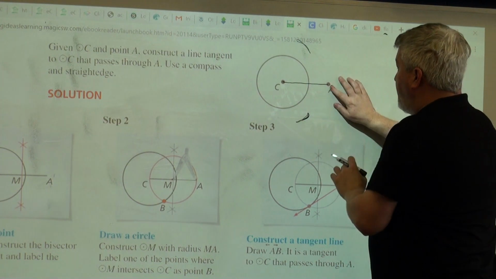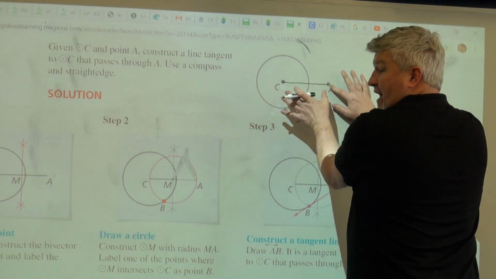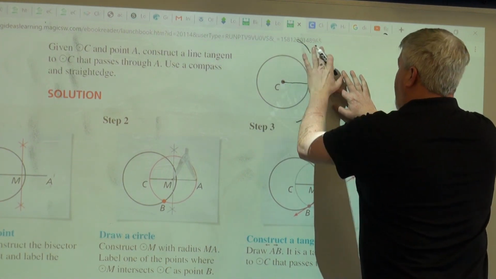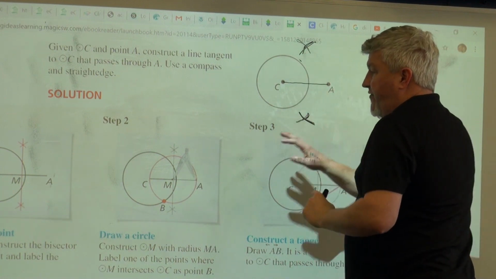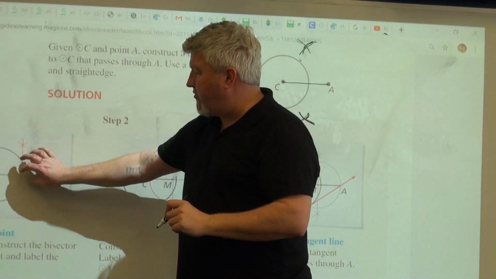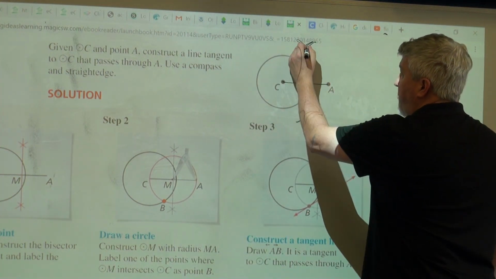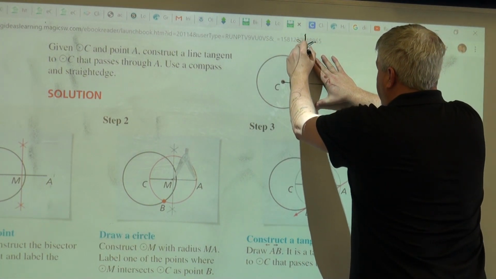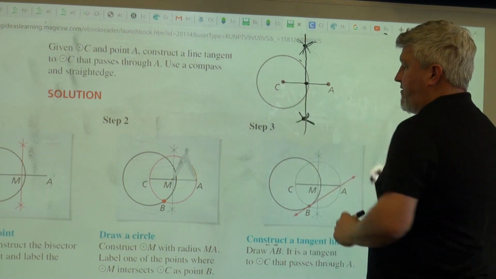Then reverse, put your point of your protractor on A. Do not change that width, the same width that you just used, the other direction, and you'll swing it up and draw your point here and your point here. It's visually drawn right here to what that looks like. So you've made two X's, you put a point where those X's are, take your straight edge and draw a line, and that is the midpoint of that segment.